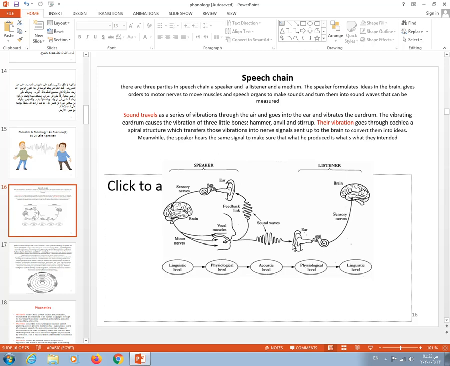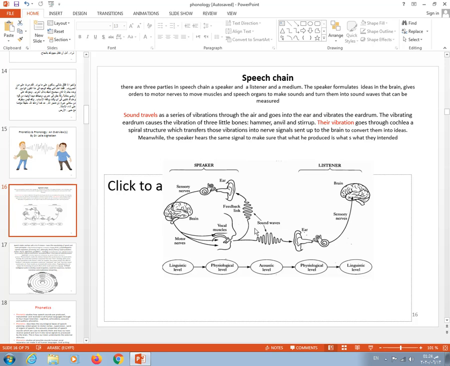The vibrating eardrum causes the vibration of three little bones called hammer, anvil, and stirrup. Their vibration goes through this spiral shape, which is called the cochlea, and which transfers these vibrations into nerve signals that move to the brain to convert them into ideas and so on.